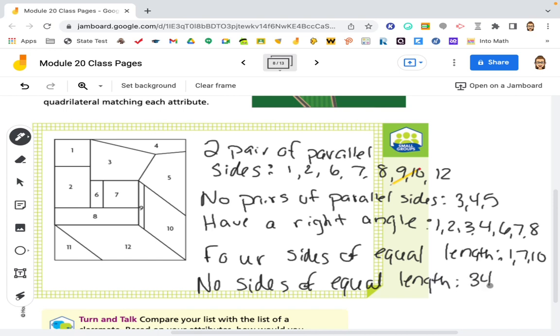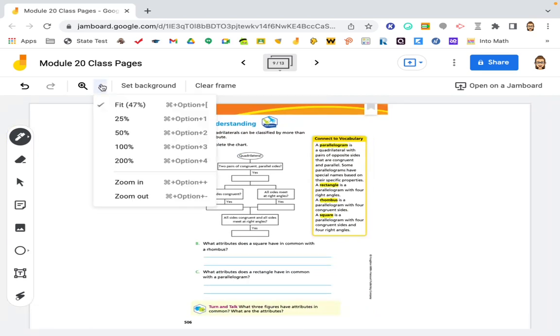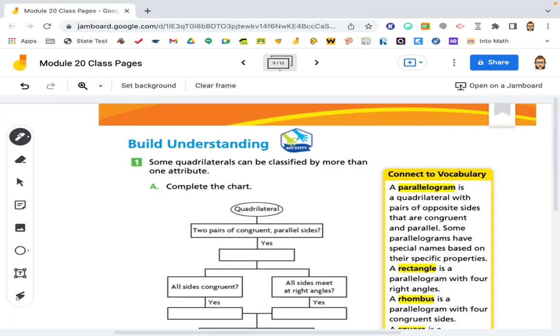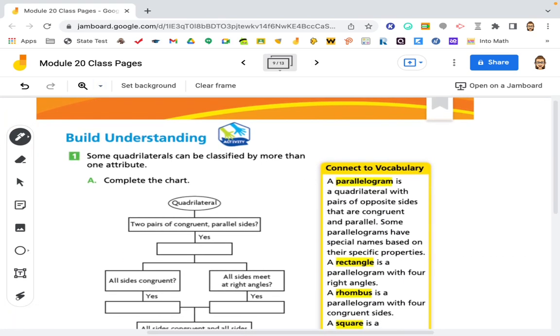That would be 3, 4, and 5. Okay, so some quadrilaterals can be classified by more than one attribute.